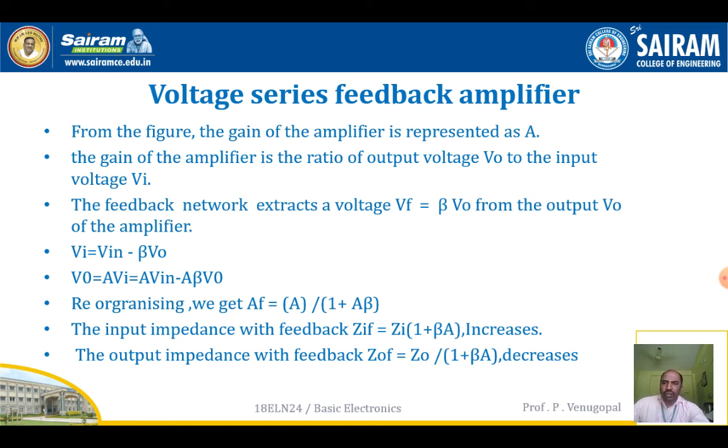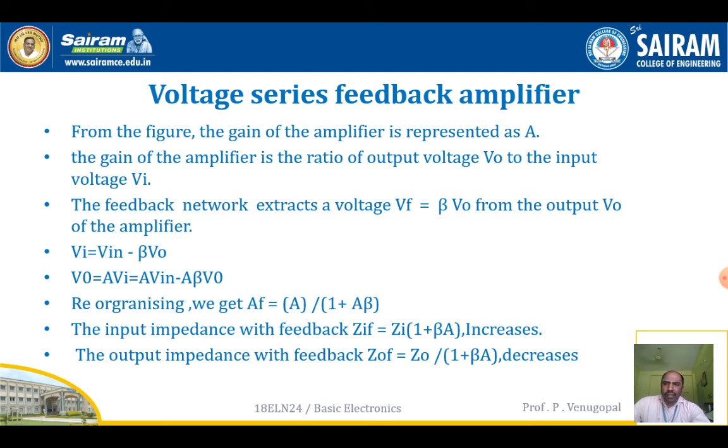Then V0 is equal to A into Vi, which is equal to A into Vin minus A into beta into V0. Take minus A beta V0 onto the left hand side. We will get V0 into (1 plus A beta) is equal to A into Vin. Then V0 by Vin is equal to A divided by 1 plus A beta, where V0 by Vin is nothing but AF, that means the feedback gain.